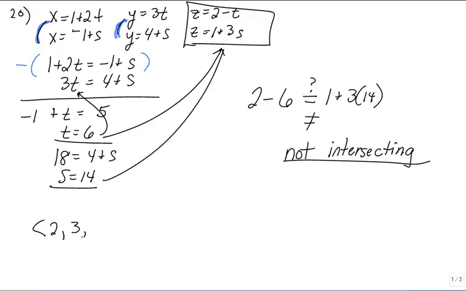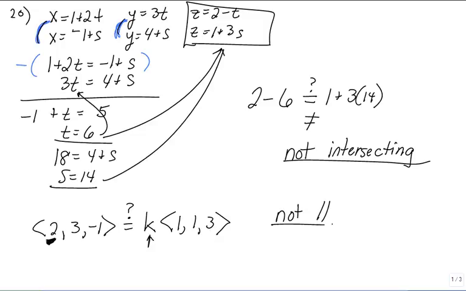If they're scalar multiples, then they're parallel, but there's no way those are parallel, because if k is 2 to get x, k would have to be 2, but it won't work for the rest of them. So they're not parallel, so that implies they're skew.